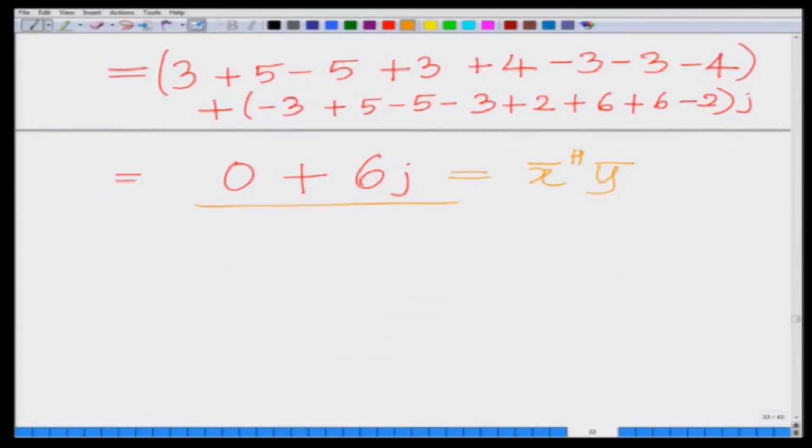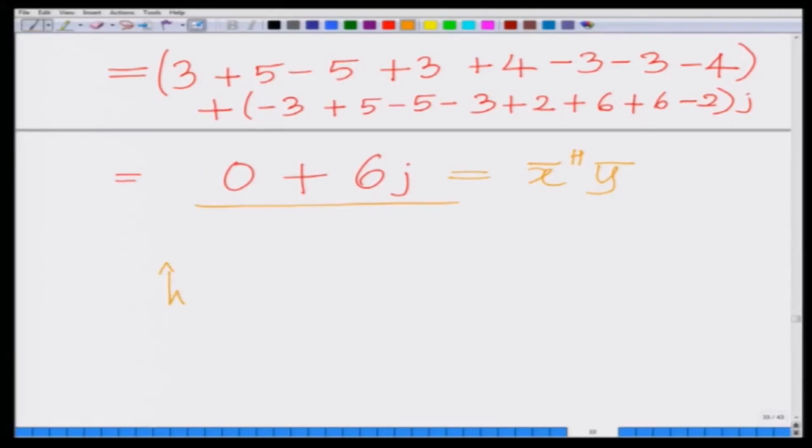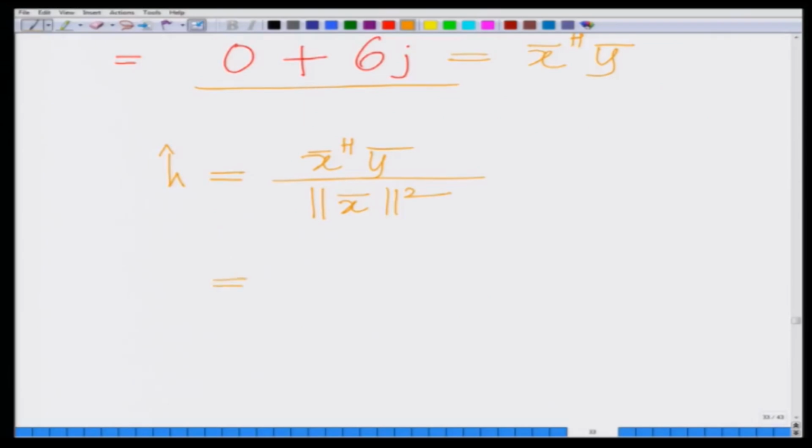We have computed the numerator, that is x bar Hermitian y bar. We have also computed the denominator, that is norm x bar square, which is also x bar Hermitian x bar. Remember, norm x bar square is also x bar Hermitian x bar. Therefore, the estimate of the complex channel coefficient h hat equals x bar Hermitian y bar divided by norm x bar square, which is x bar Hermitian y bar divided by x bar Hermitian x bar.